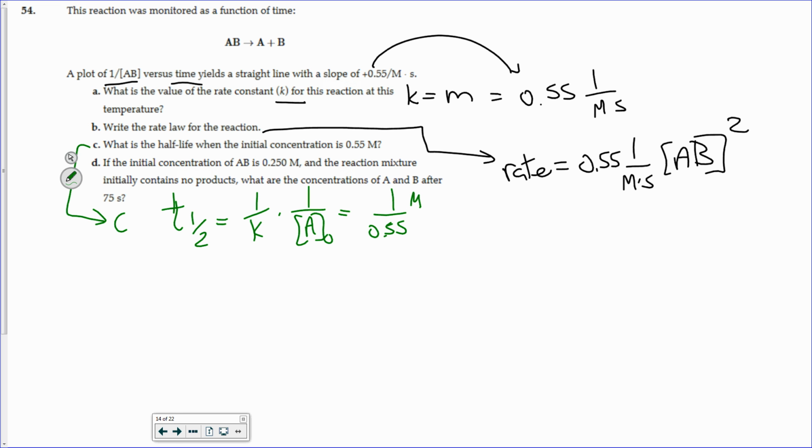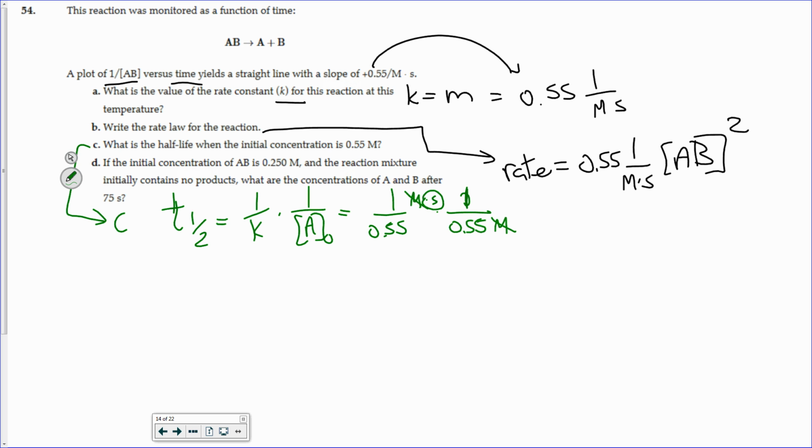So that was on the bottom, now it goes to the top, and then times 1 over the concentration, which is 0.55 molar. They're both 0.55. That's a little weird. But I'm left with seconds on top for time.